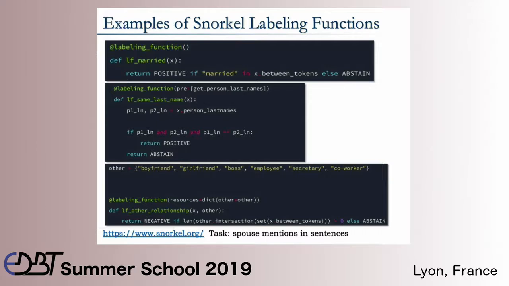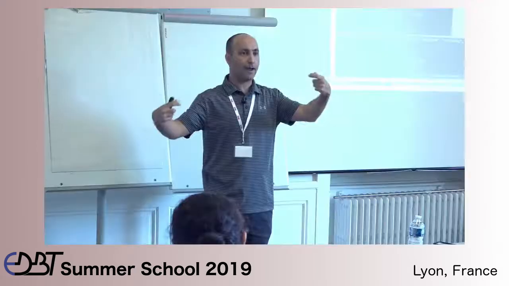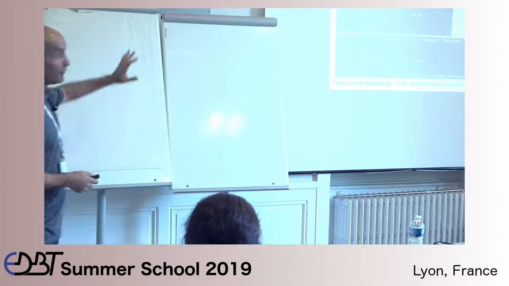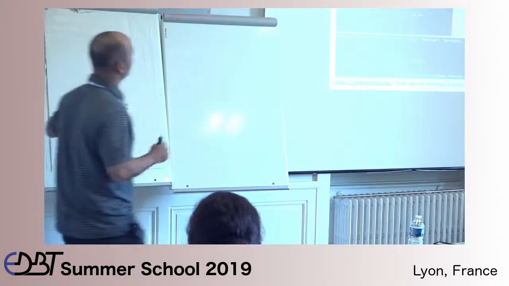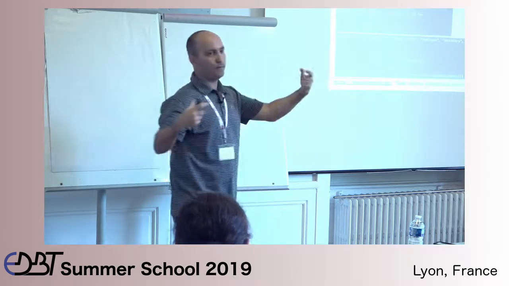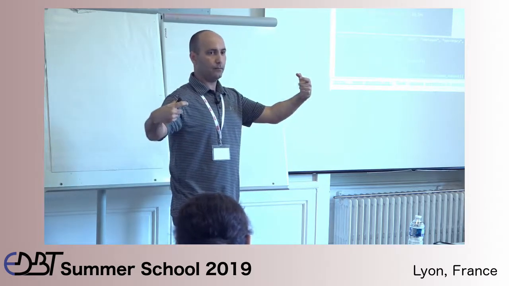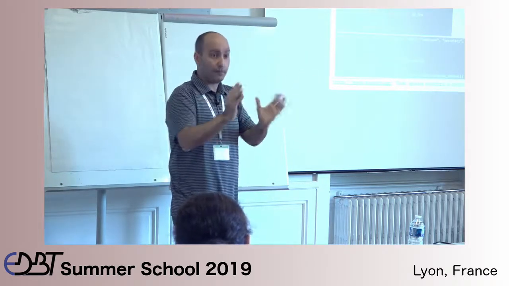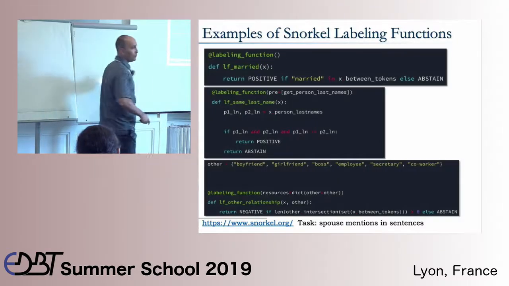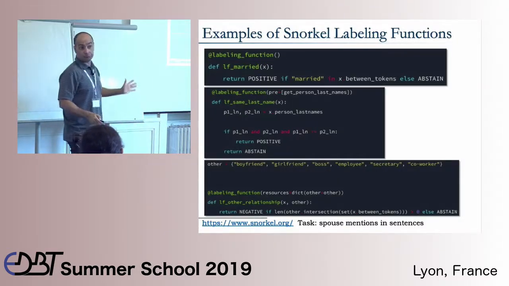What you're trying to do is to extract pairs of married people. The rule says, if between the first mention and the last mention, the two persons, the word married exists, then mark it as a positive example.